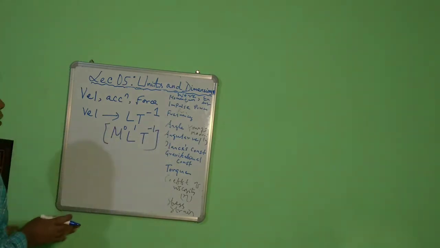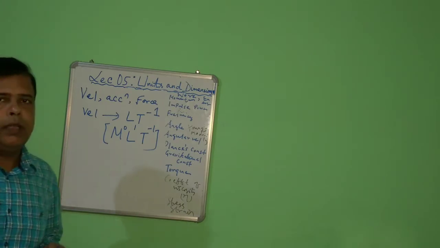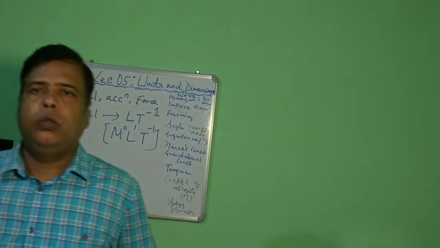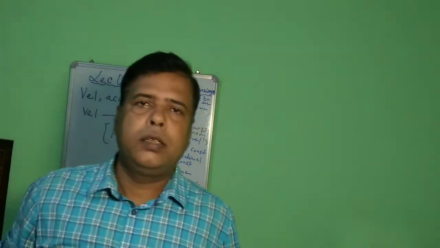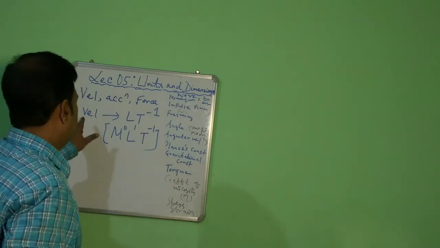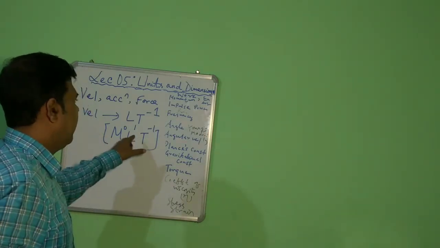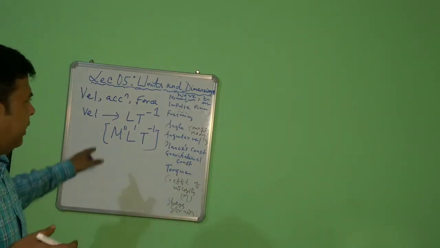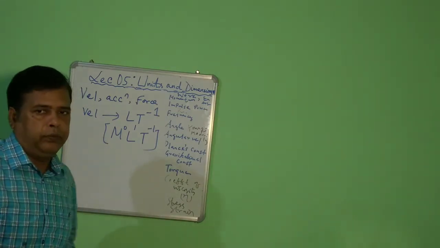If you have missed my videos, please refer to that video. You will be able to understand how the dimension of velocity becomes L into t to the power minus 1. कैसे होता है ये देख सकते हो.